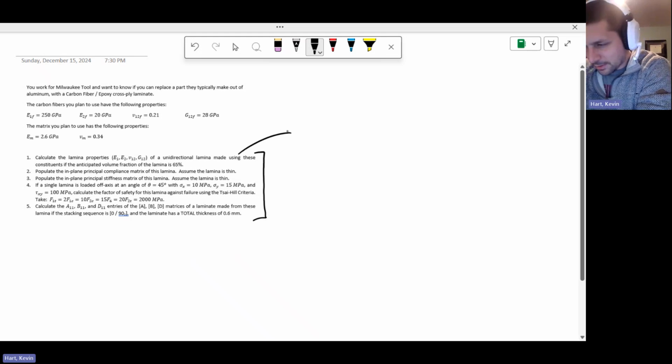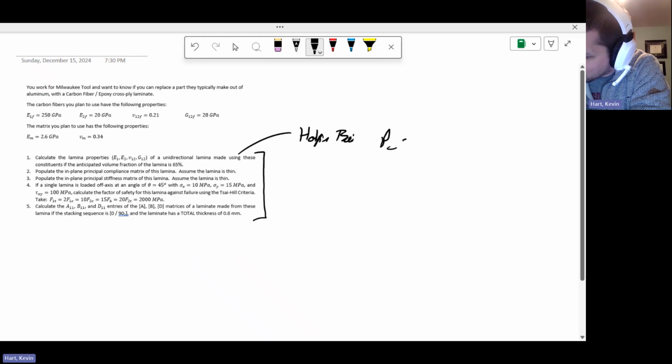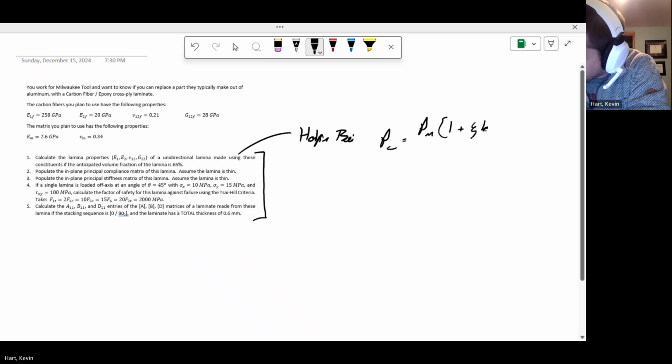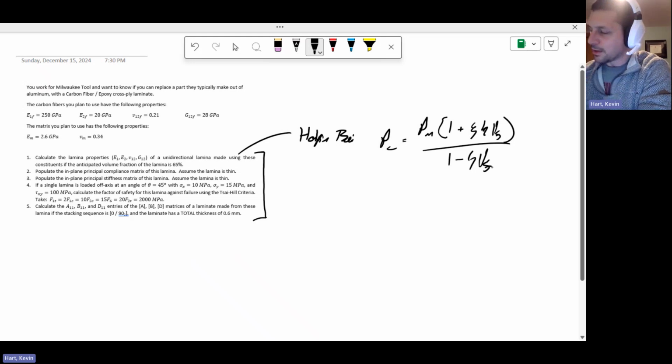Number one, calculate lamina properties of a unidirectional lamina made using constituents if the volume fraction is a given number. Okay, this is Halpin-Tsai, which generally says the property of the composite is equal to the property of the matrix multiplied by (1 + xi eta Vf) all over (1 - eta Vf), right?